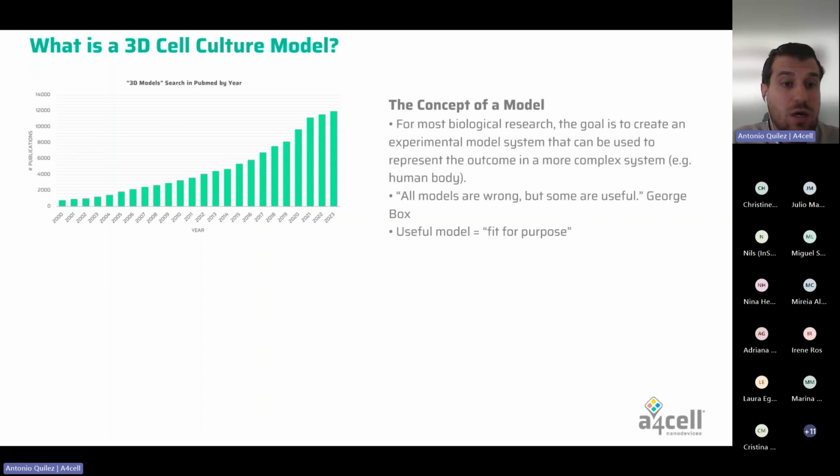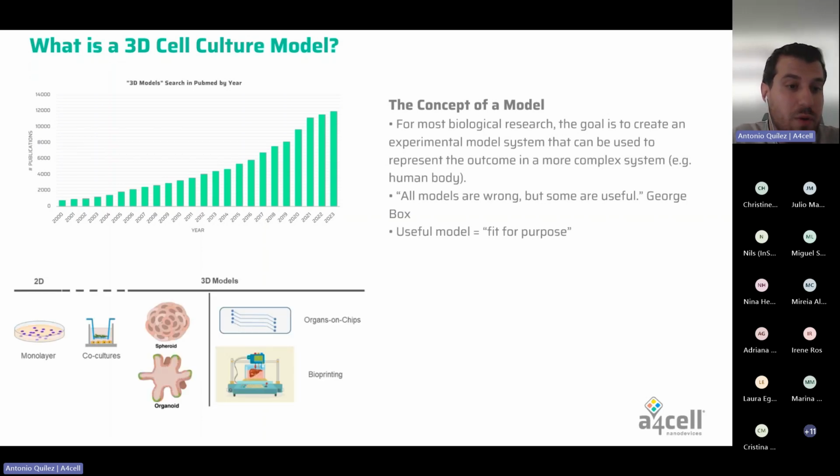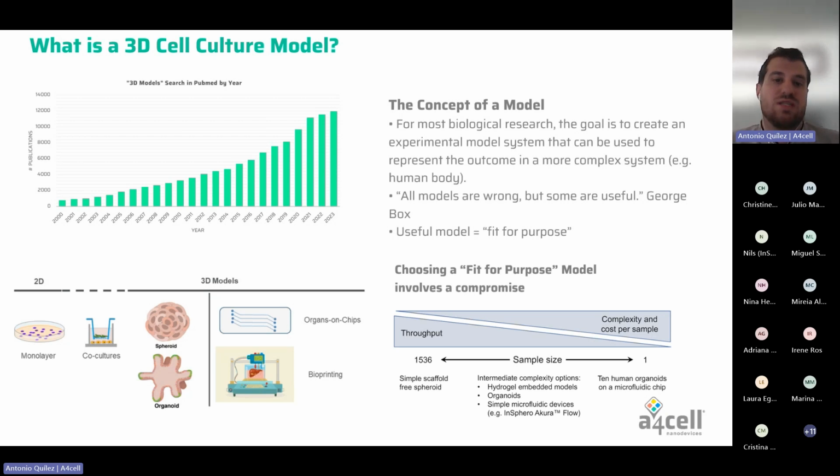And for this, there have been many different approaches to shift from 2D cell cultures, what people working in cell biology are more used to, to try to include different cell types in co-cultures, develop spheroids and organoids, and to implement them in 3D solutions that can resemble the in vivo conditions like organ-on-a-chips, bioprinting, etc. So what does that mean?